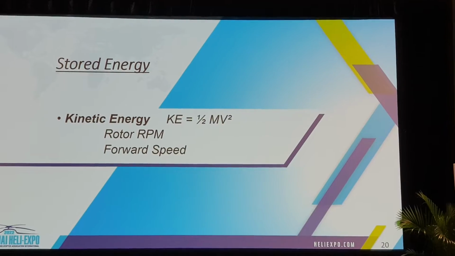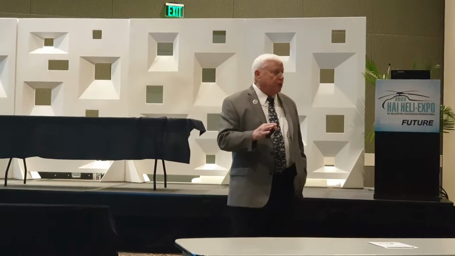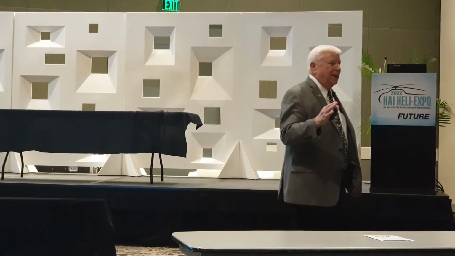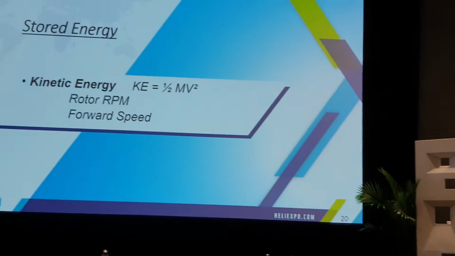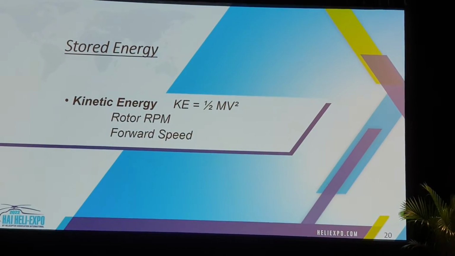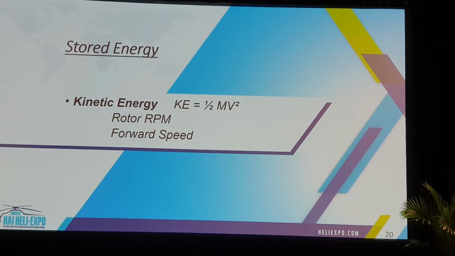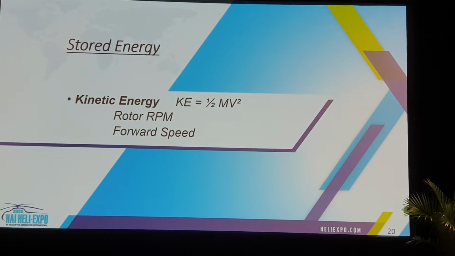The important thing to understand here is that the velocity is being squared. So changes in velocity are going to produce big changes in the total amount of kinetic energy. Changes in weight will produce a change in the total kinetic energy, but since it's just 1/2 that weight, that change is not going to be anywhere near as significant as changes in velocity will be.